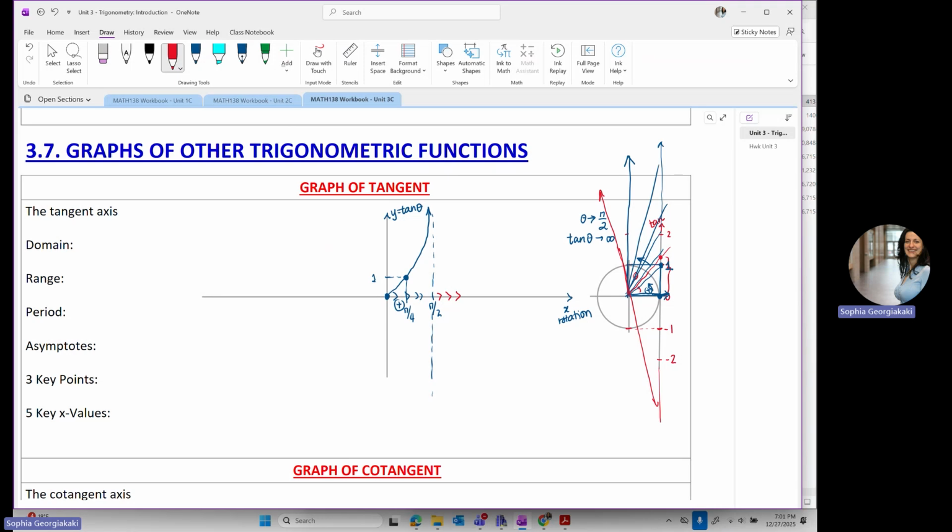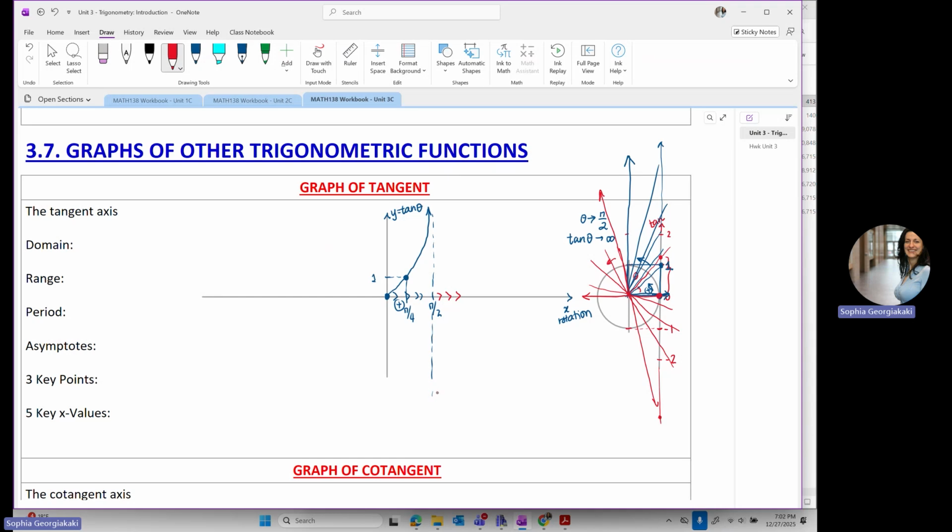And in the backwards direction, I will be hitting the tangent line in negative values. And the closer I am to 90, the farther away I will be towards the bottom of the tangent axis. And as I move in quadrant 2, the tangent will be negative, but will be coming closer to 0 until I am at 180 degrees and my tangent will be exactly equal to 0.